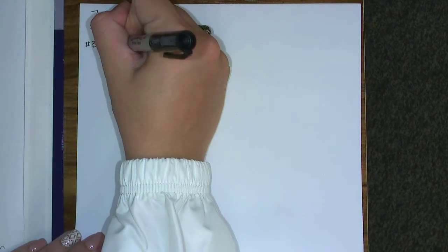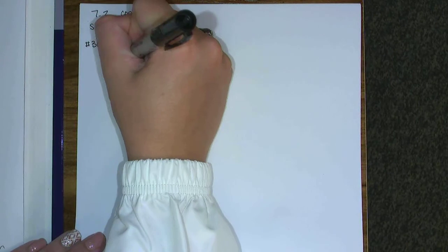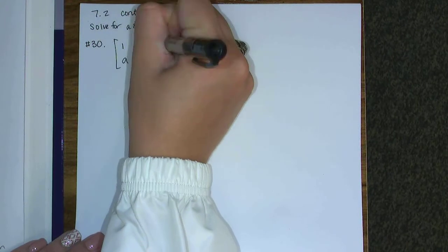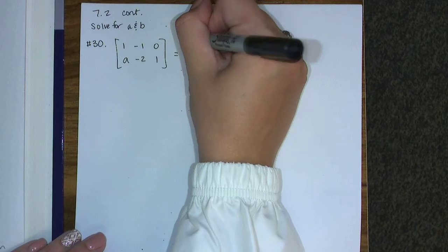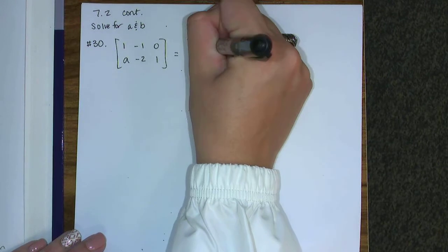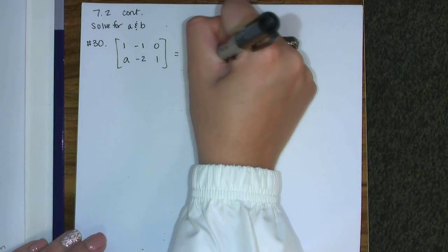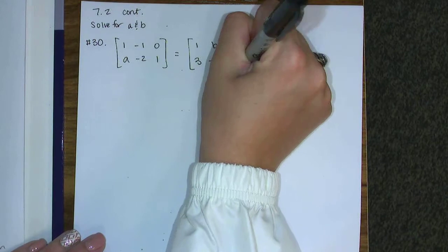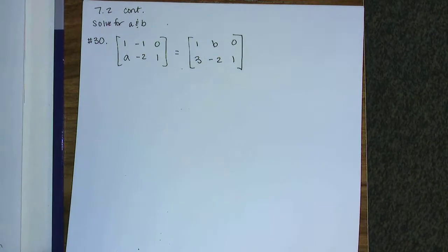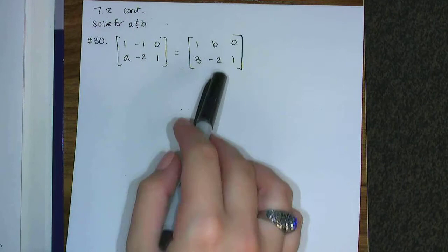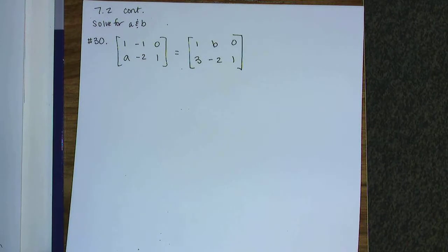So we have the matrix 1, negative 1, 0, A, negative 2, 1 is equal to 1, B, 0, 3, negative 2, 1. So notice, same amount of elements in each one, same number of rows, columns.